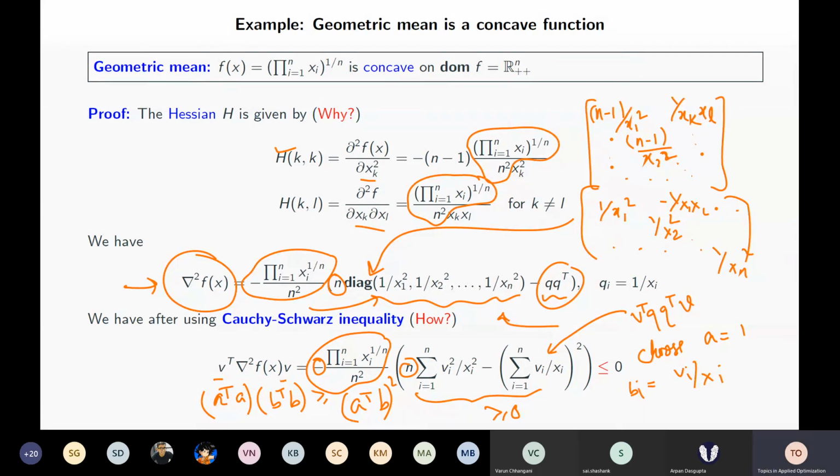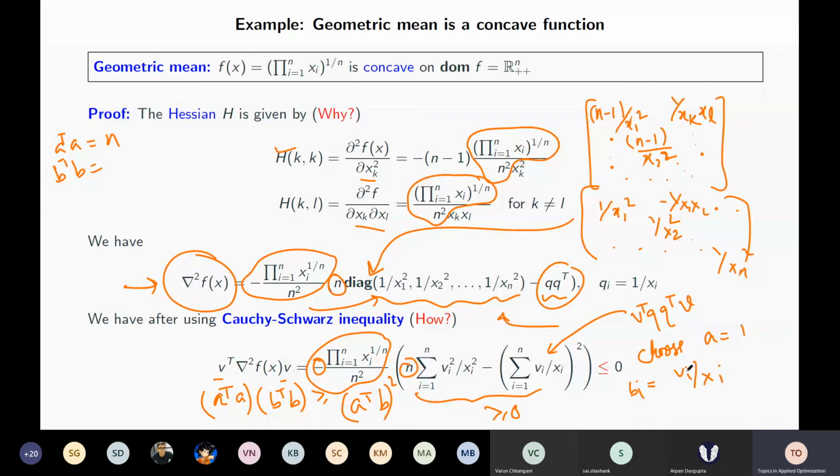What is A transpose A in this case? It turns out to be just n, because it's a sum of n ones. And B transpose B will be the sum of Vi square by Xi square, because B is Vi by Xi.